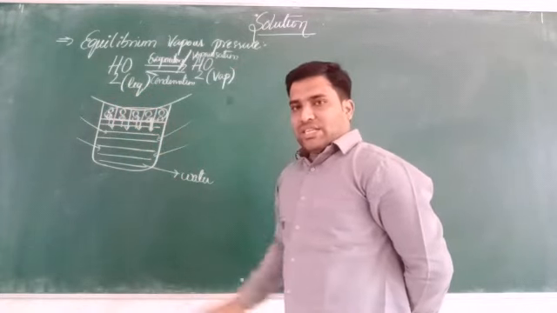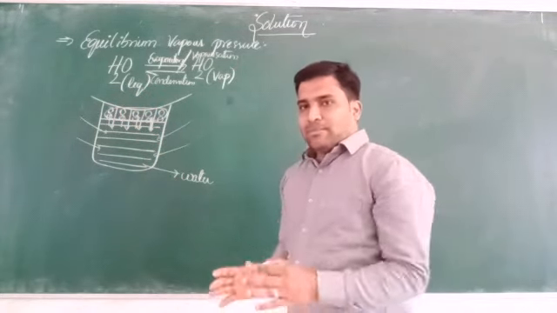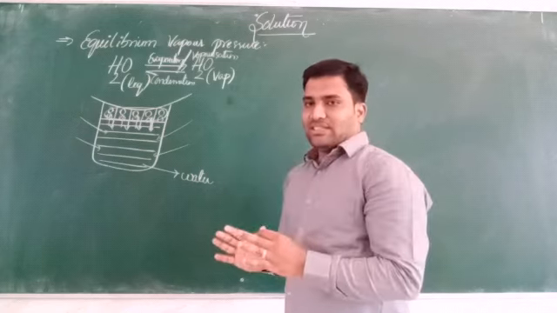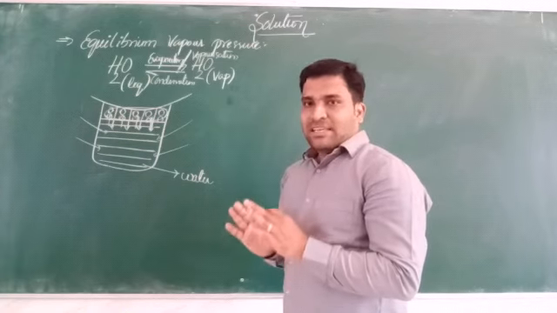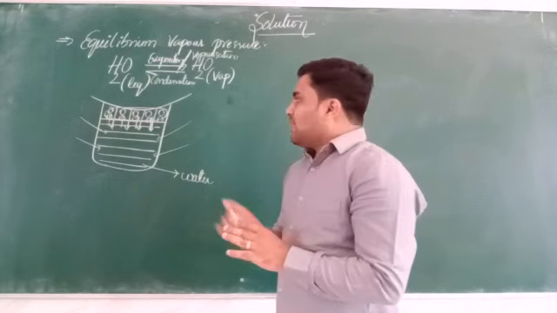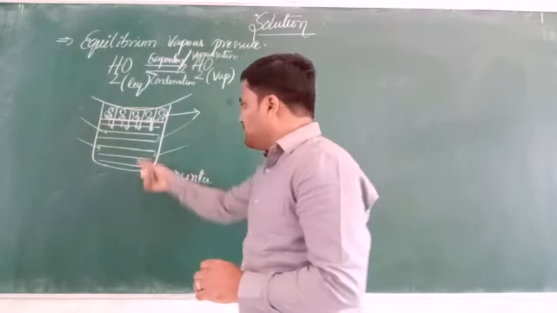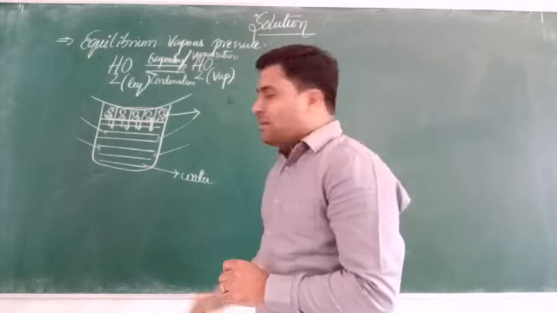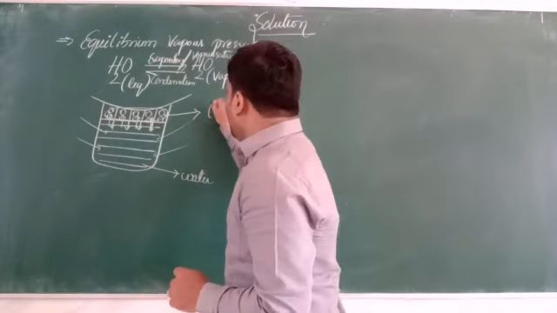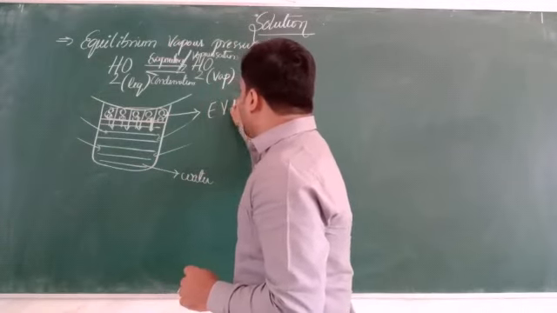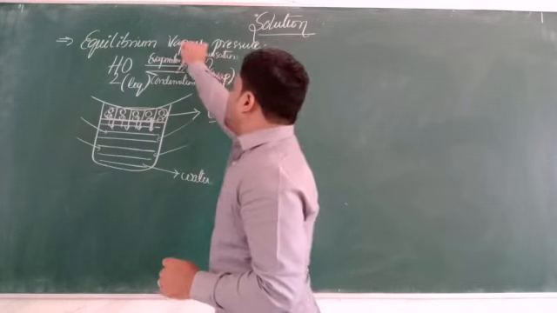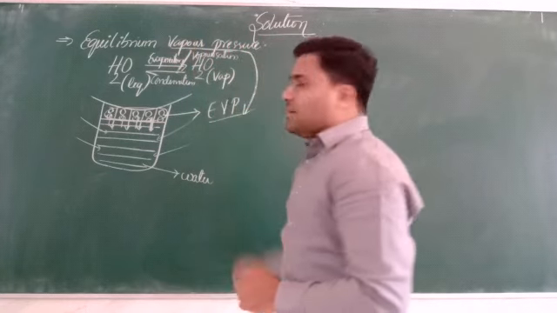At a certain stage these two processes, evaporation and condensation, stop. That means equilibrium is attained. At that time there will be a pressure above the liquid. That pressure is called equilibrium vapor pressure, or simply vapor pressure.